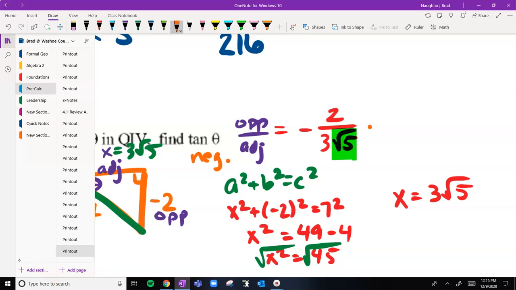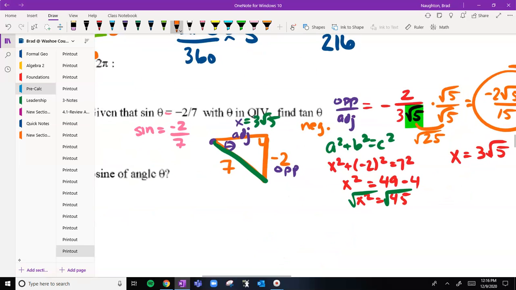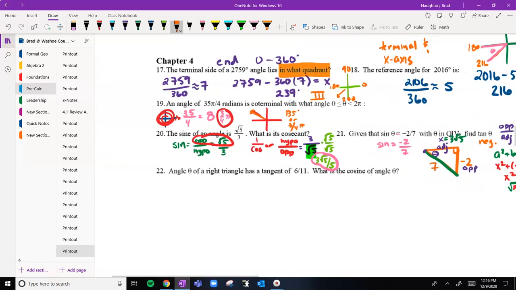So I'm going to multiply just the top and the bottom by that root 5. And I'm going to get negative 2 root 5 over 15, because these two right here would give me 25. The square root of 25 is 5. 3 times 5, 15. So that is our answer there for lovely, lovely number 21.